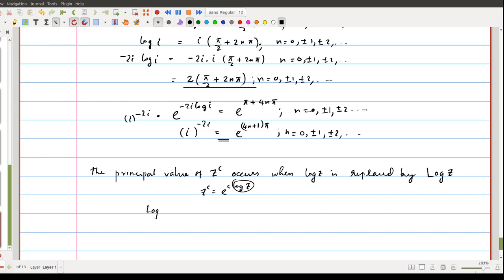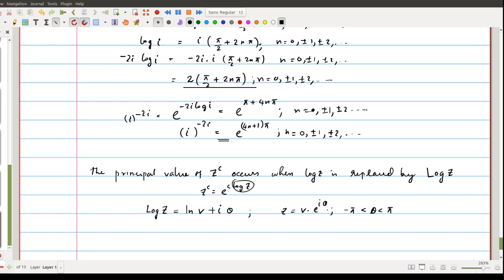Capital Log z stands for ln r plus i times the argument of z, which is theta, where z equals r times e raised to i theta, where theta satisfies minus pi less than theta less than or equal to pi. That means we need to select a branch.